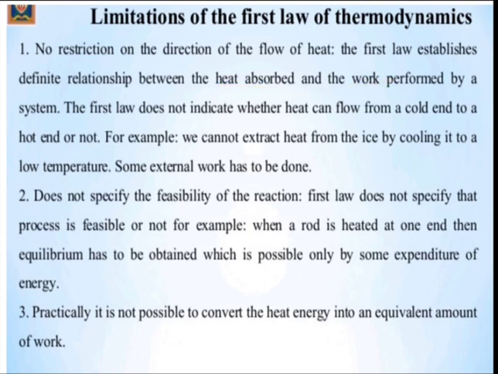This first law does not indicate whether heat can flow from a cold end to a hot end or not. It shows only the transfer of heat from hot end to cold end. For example, we cannot extract heat from ice by cooling it to a low temperature. Some extra work has to be done.